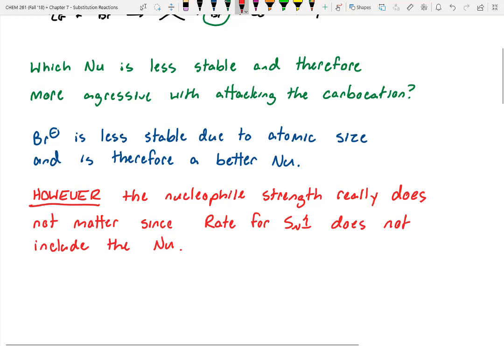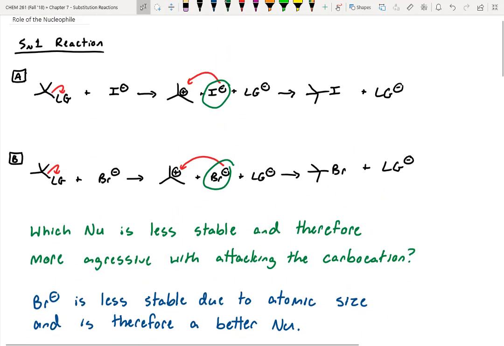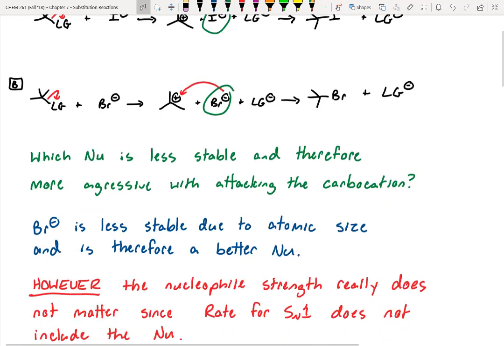There is another aspect to this too that even gets more confusing. You ready for that one? No. Can I just get a bottle of iodide and sprinkle that into a reaction? No, I've got to have solvent too. Solvent will change things. We're going to leave that on the back burner for now and come back to it a little bit later.